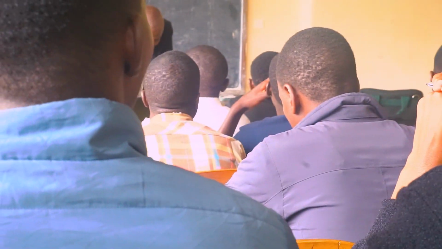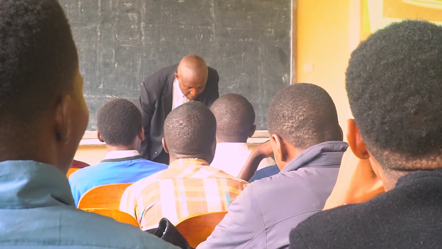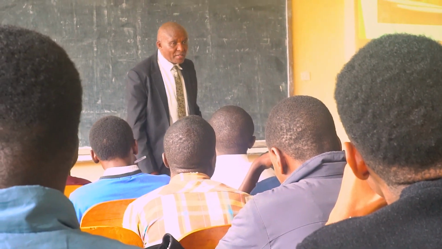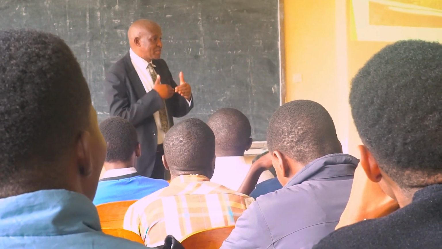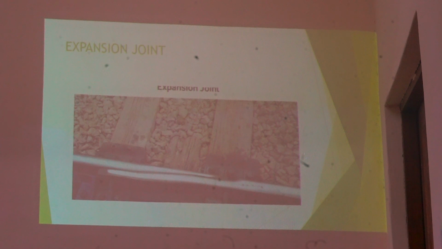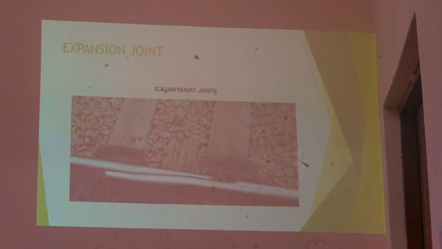So you can see here, that is a rail, but it's connected with an expansion joint. After the 20 meter plates, they put expansion joints, as you can see there. So you can see the fish plate.